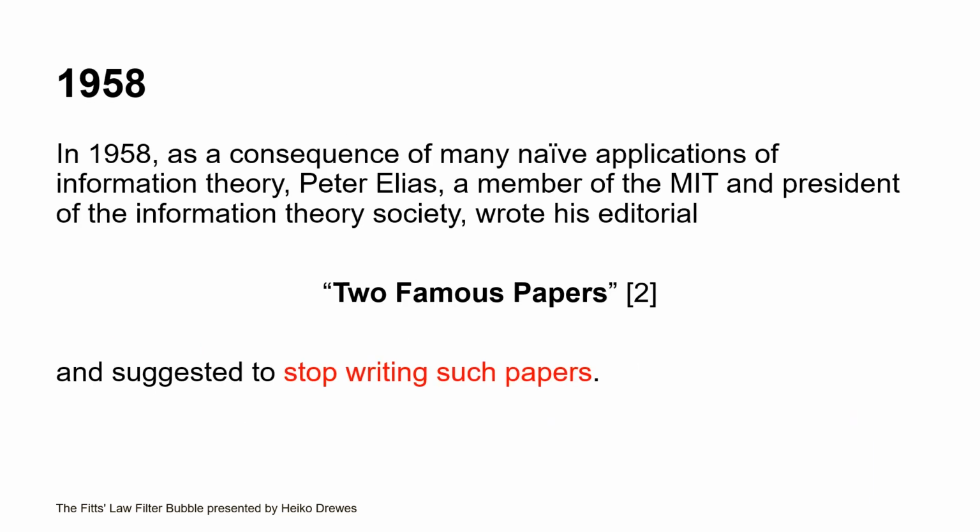In 1958, as a consequence of many naive applications of information theory, Peter Elias, a member of the MIT and president of the Information Theory Society, wrote his editorial, Two Famous Papers, and suggested to stop writing such papers.